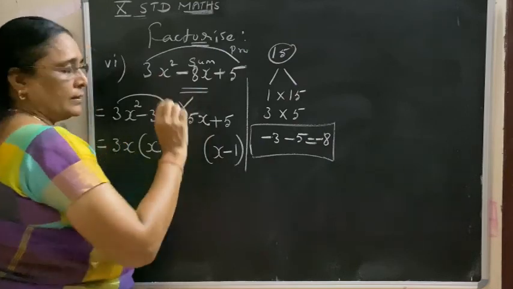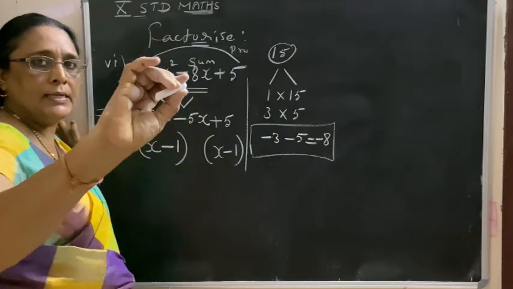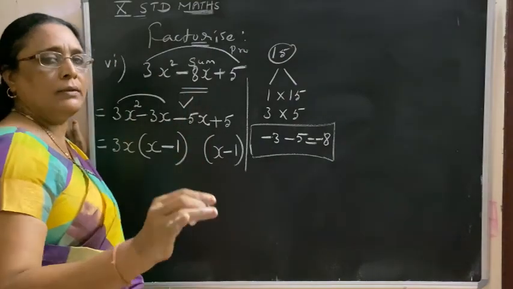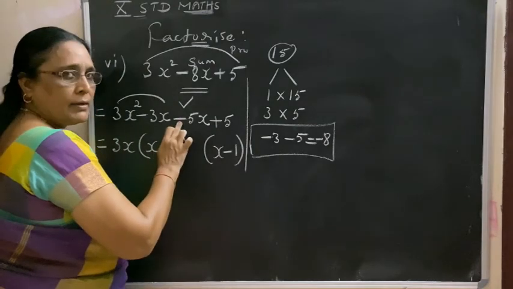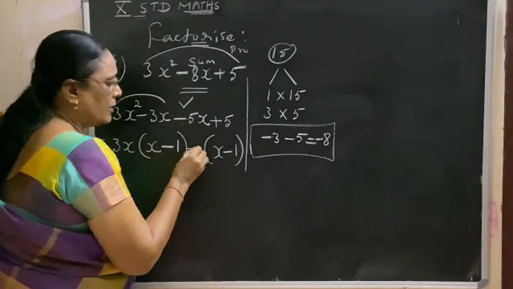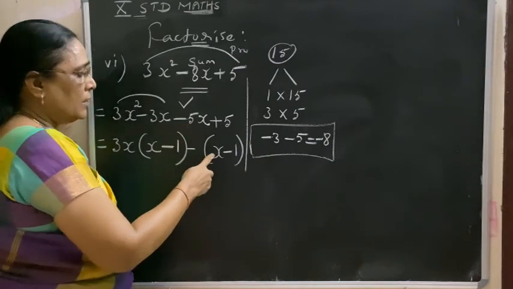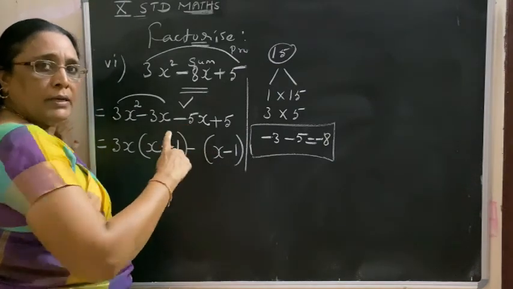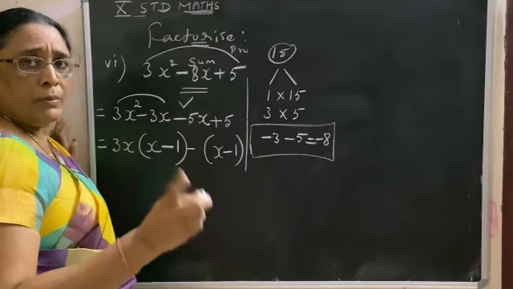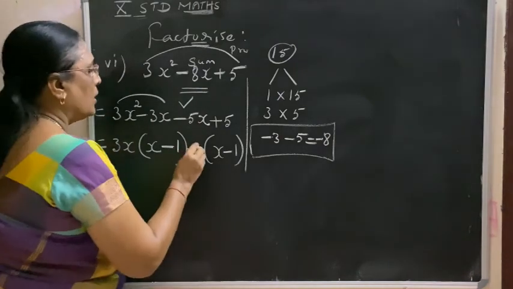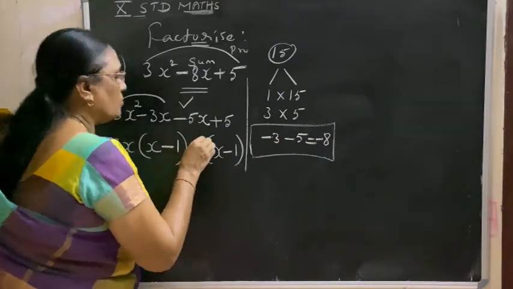Now see the third term. What is given? First you have to see the sign, then quotient, then variable. What is the sign given here? Minus. If minus is given, you have to put minus here. Then see the quotient, what is given? 5. Here 1 is given. How can you get the 5? If you multiply 1 by 5, you will get 5. So I am going to put 5.